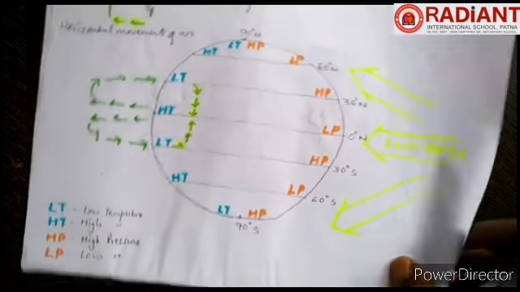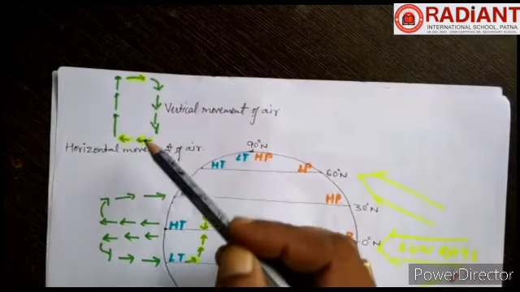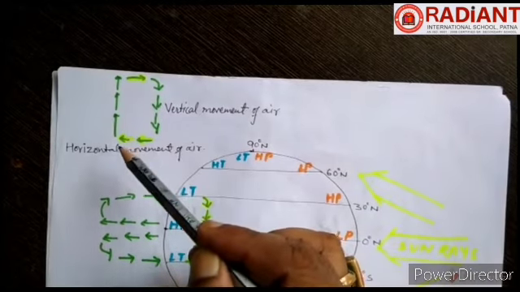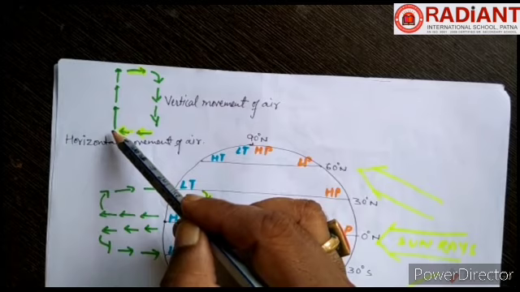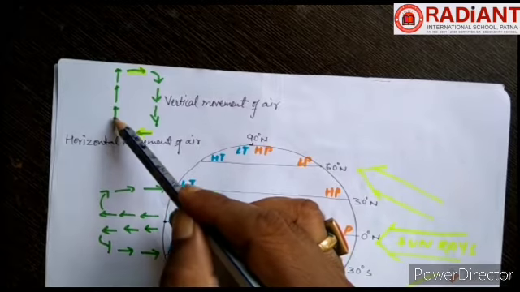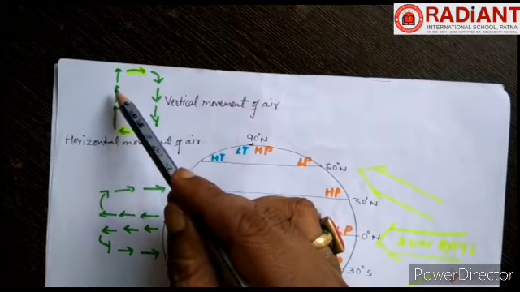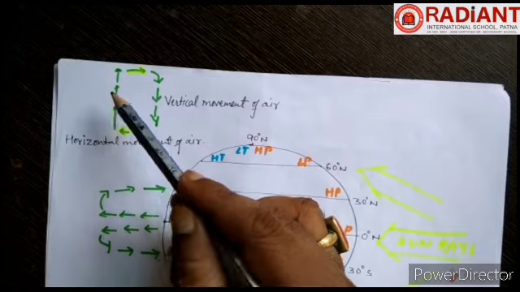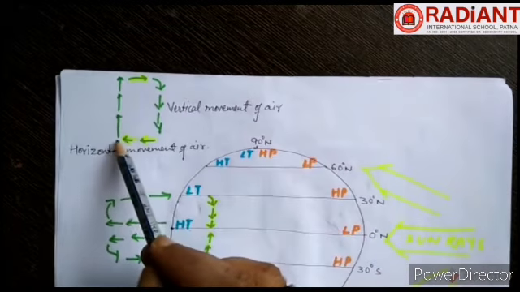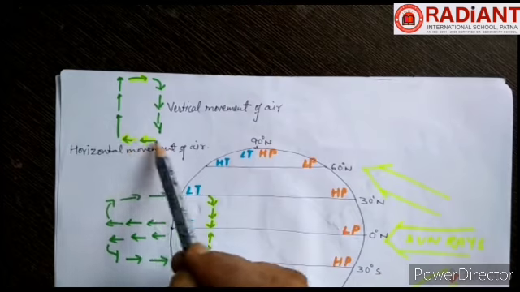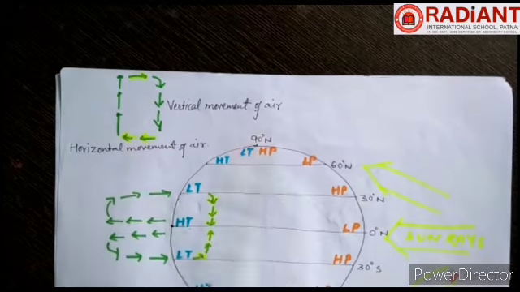Hence, you can see there are two types of movement. One, at a high temperature area, the air will move upward and create low pressure, and at the same time this area would be covered by the horizontal movement of air filling that area.